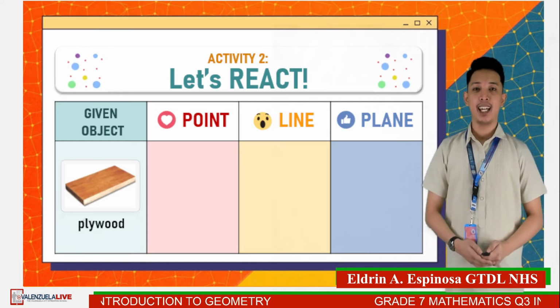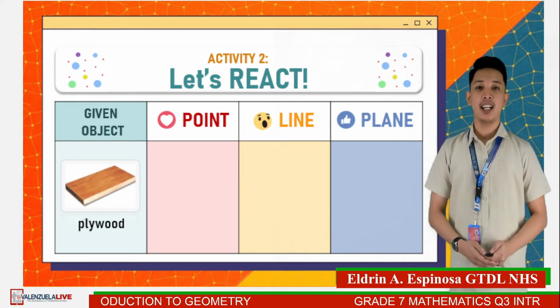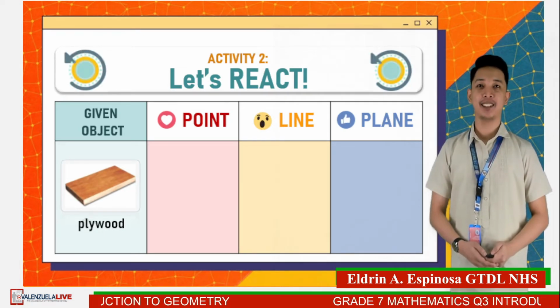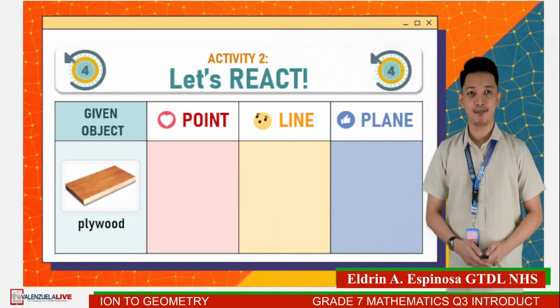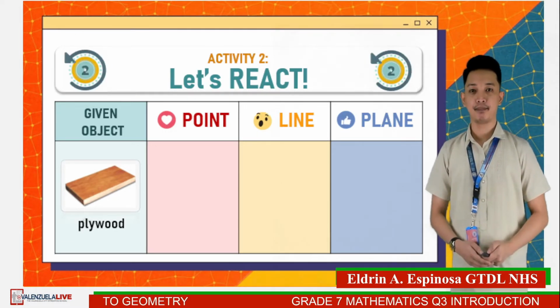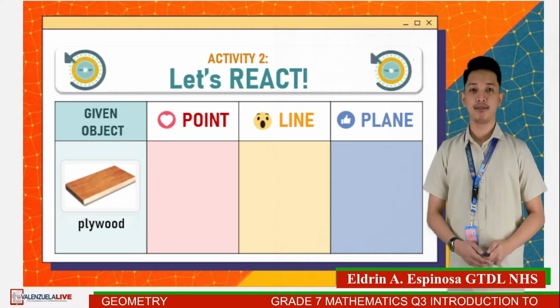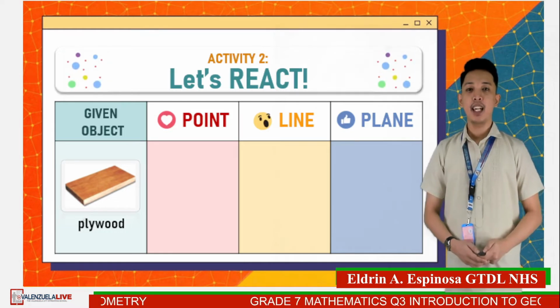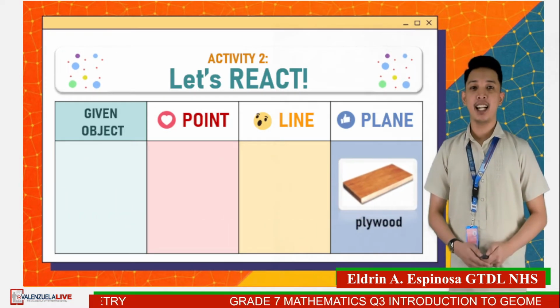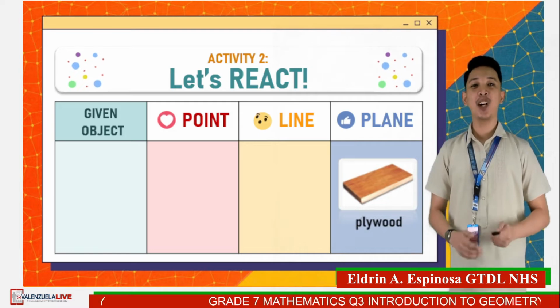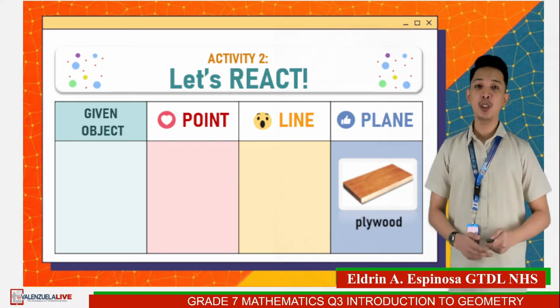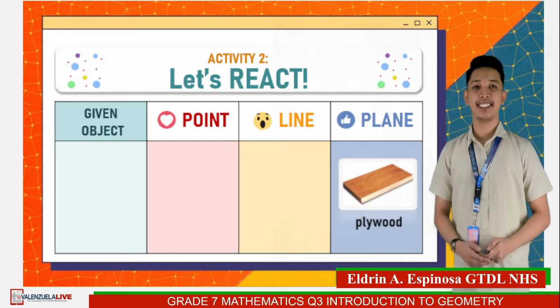First object, a plywood. Let's react. Go! If your answer is like, then you are correct because a plywood represents a plane.